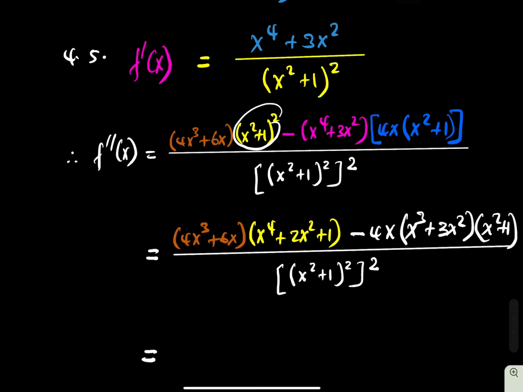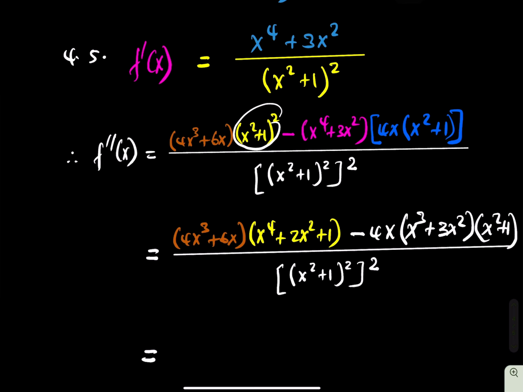I'm just simplifying this stuff. So that is going to be 4x cubed plus 6x into x squared plus 1 all raised to 2.